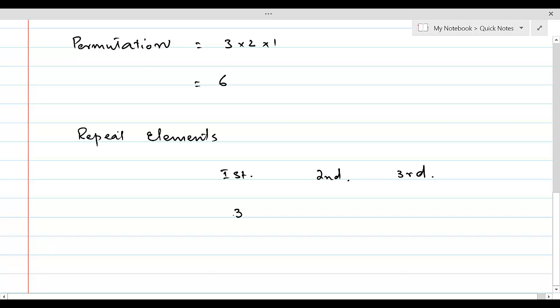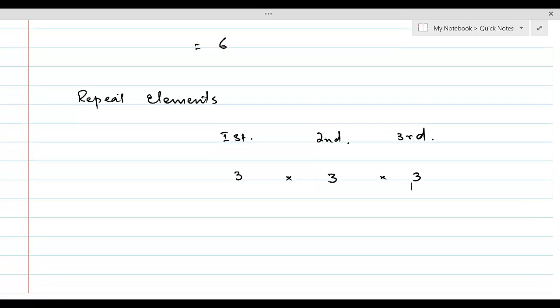Now because numbers can repeat themselves, for the second position again there are three choices. It doesn't matter if a number was written in the first position, we can write it in the second position again. So three choices are available for the second position, and similarly there are three choices to fill up the third position.